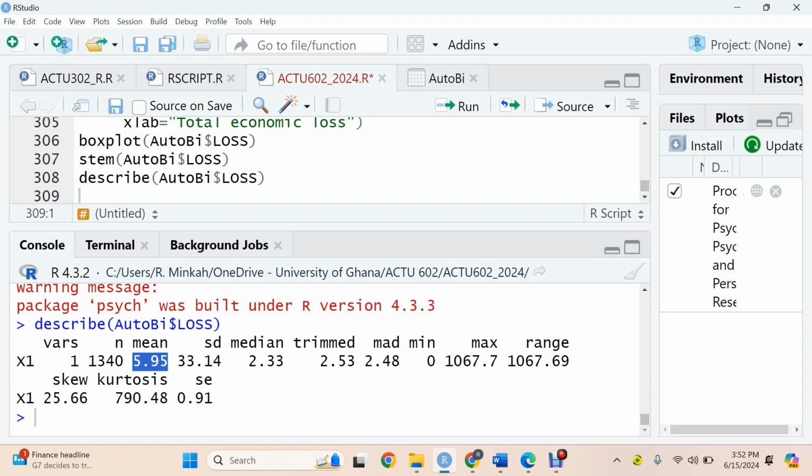Is it left skewed? It's right skewed. Okay. So why is it shifting to the right? Okay. So why is the mean greater than the median?